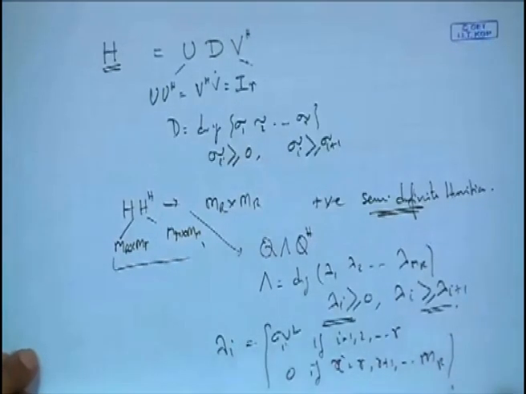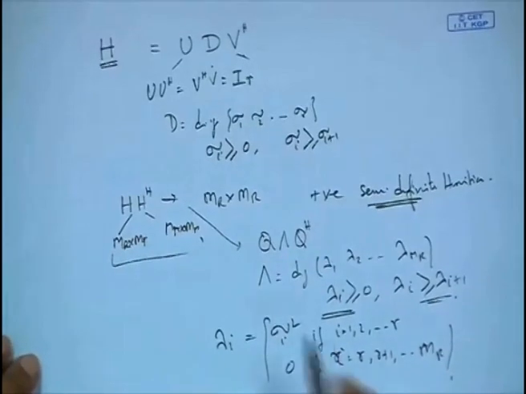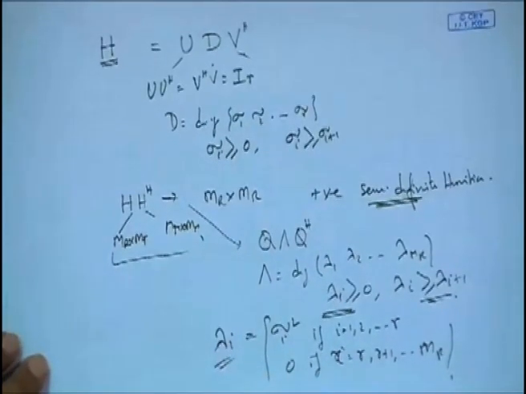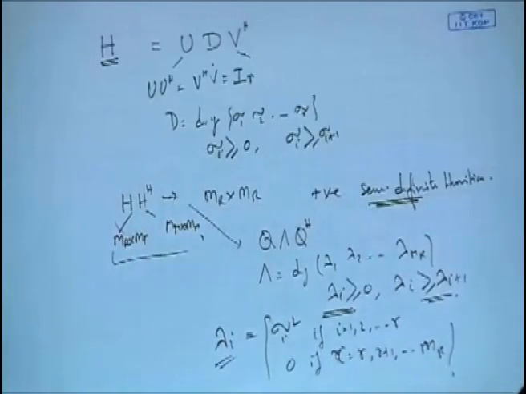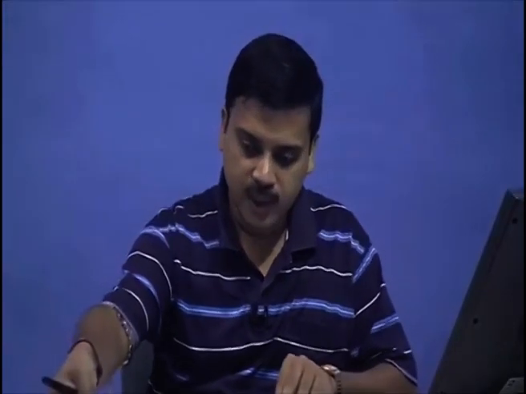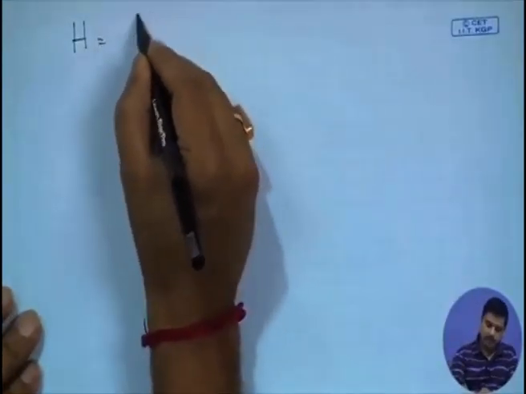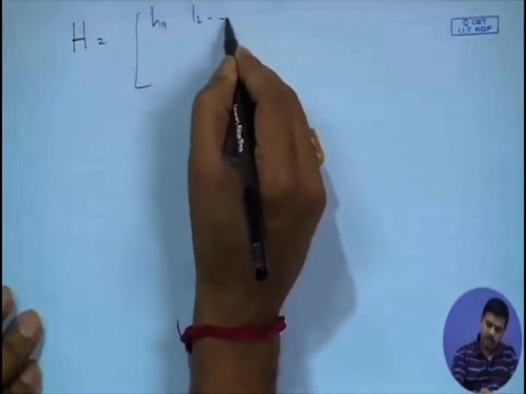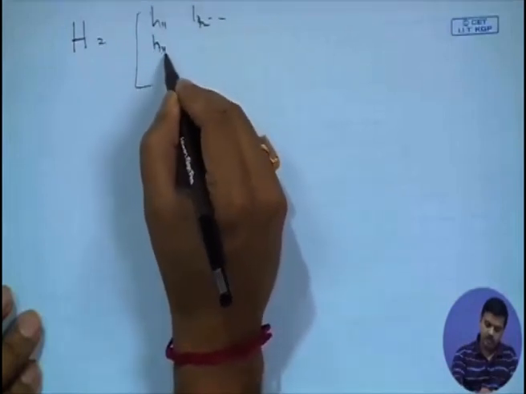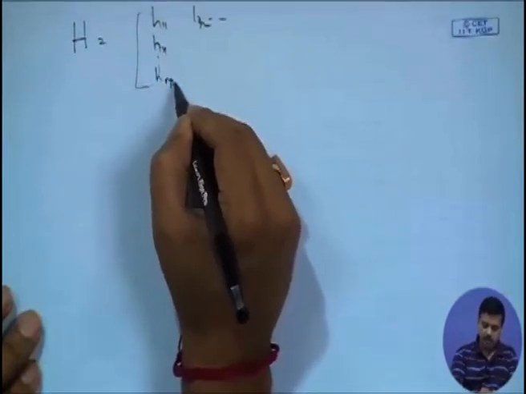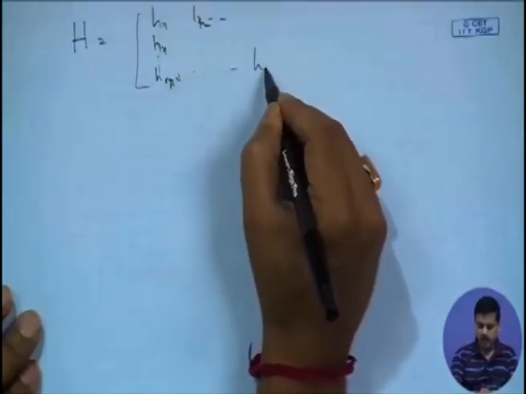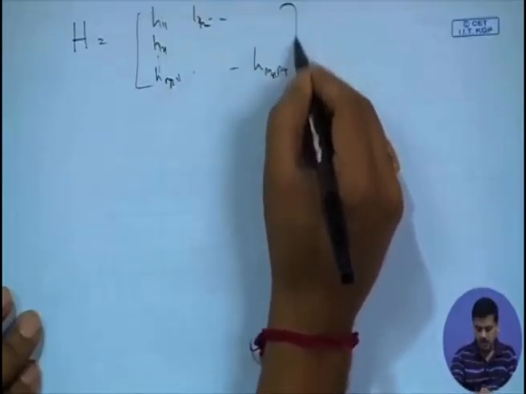So this is what is going to be used. We'll be mostly using these lambdas in our expressions, and we'll be using this H Hermitian H in most of our work. So as we go ahead further, if we take a look at H, H contains elements H11, H12 and so on, H21, up to H_MR_MT, right.